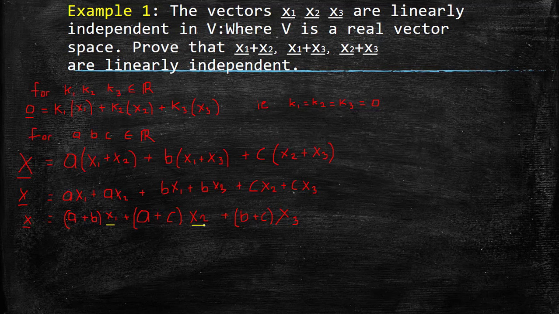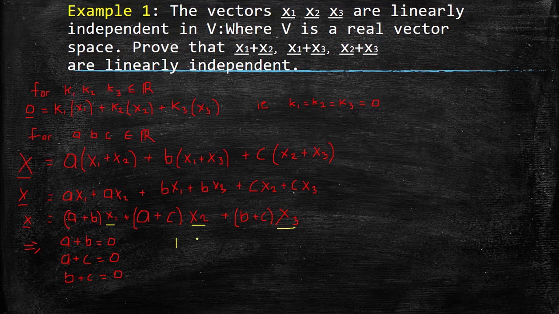If we notice, our x1, x2 and x3 were given as being linearly independent, which implies that our a plus b is equal to 0, our a plus c is also equal to 0, and our b plus c is equal to 0.